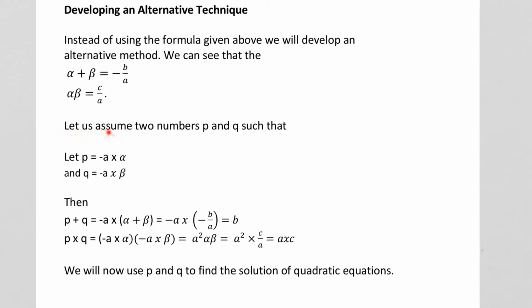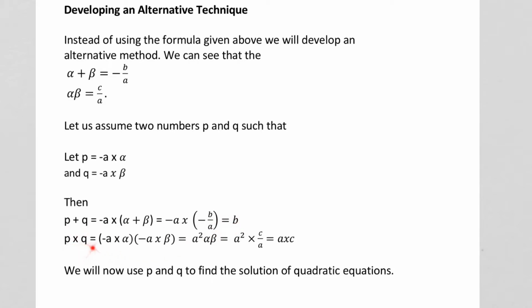Let us assume two numbers p and q such that p is equal to minus a into alpha and q is equal to minus a into beta. Then p plus q becomes minus a into alpha plus beta, and this becomes minus a into minus b over a equal to b. So p plus q becomes b.